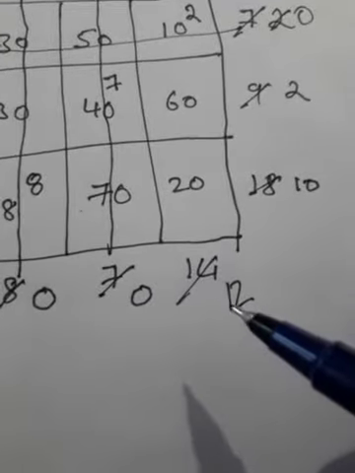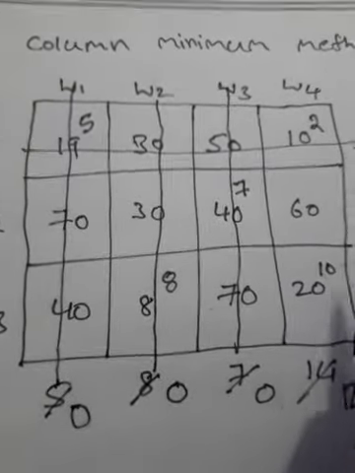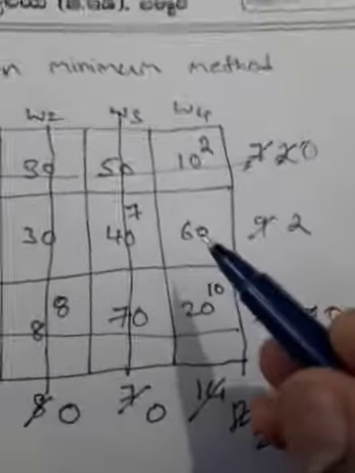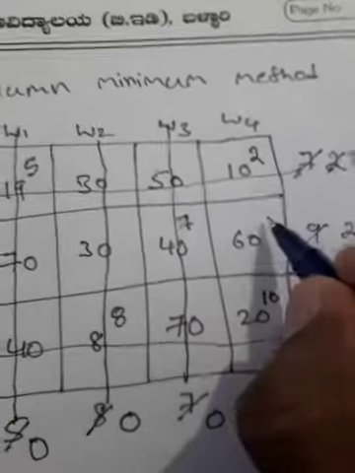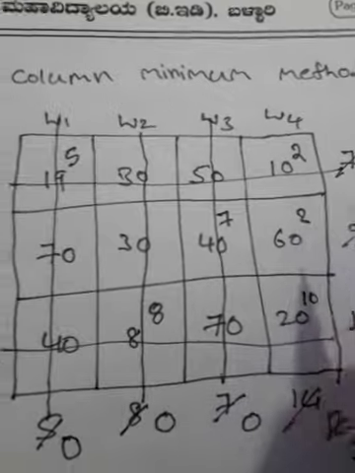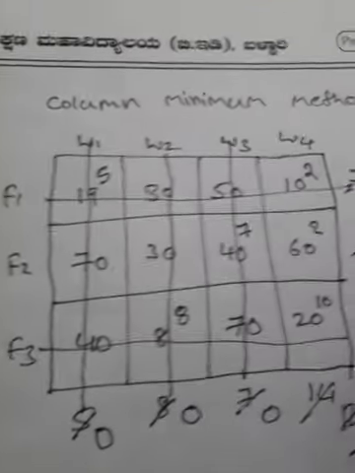It requires 12 units, but we have only 10 units, so we can supply 10 units. Now this is 0, and here we are left with 2. The row becomes 0, so strike it out. Only one cell is left, 60, and it requires 2 units, and we have 2 units, so we supply 2 units. Now this is 0, and this is 0.